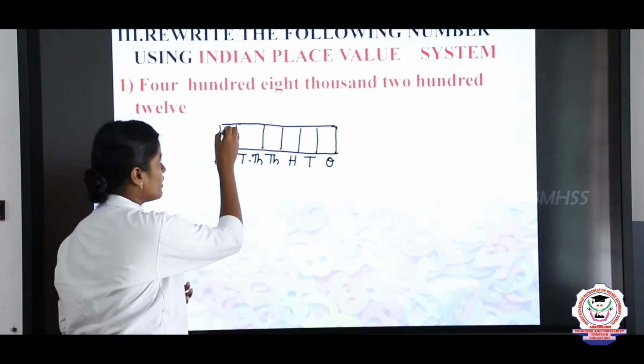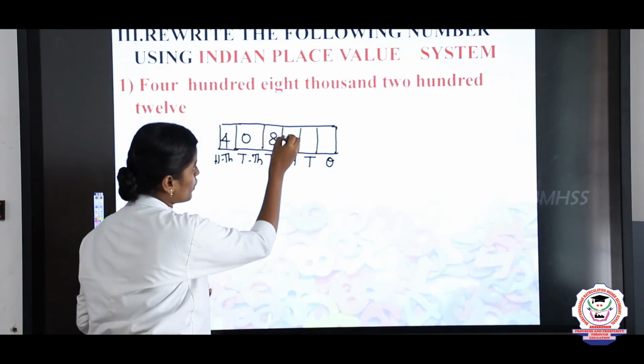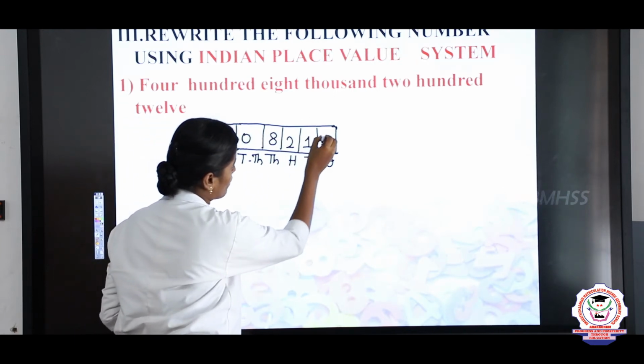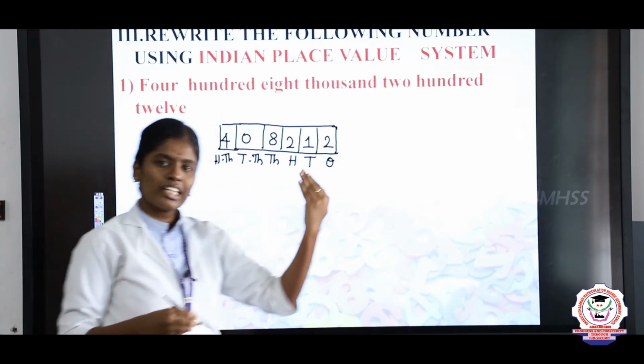Write 408,212. This is the international place value chart.